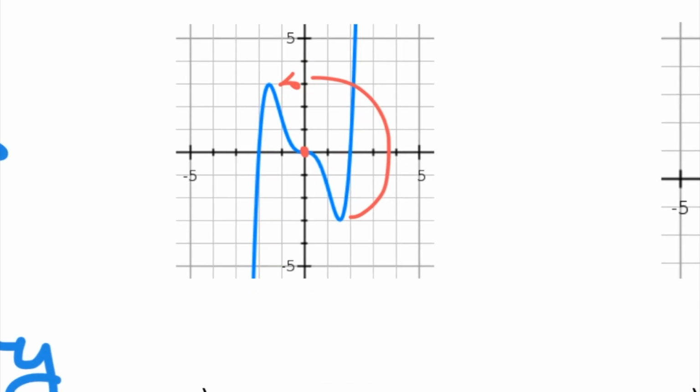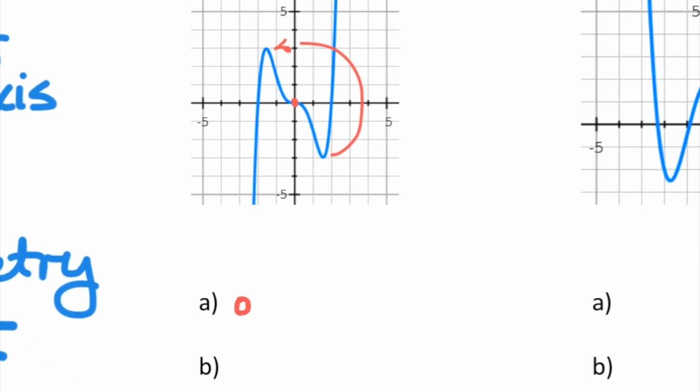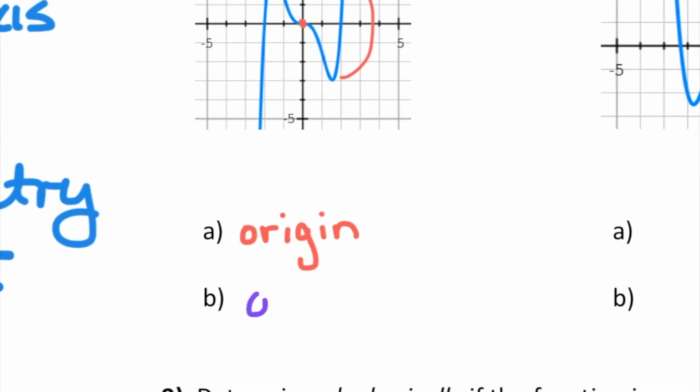And so in that case, it has point symmetry about the origin, and a function that has point symmetry about the origin then is an odd function.